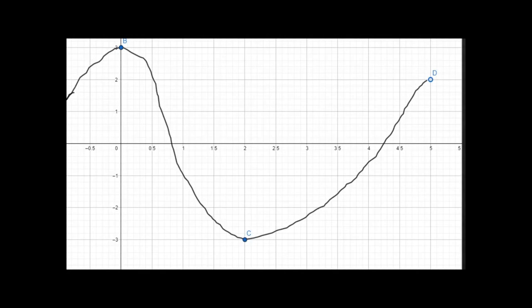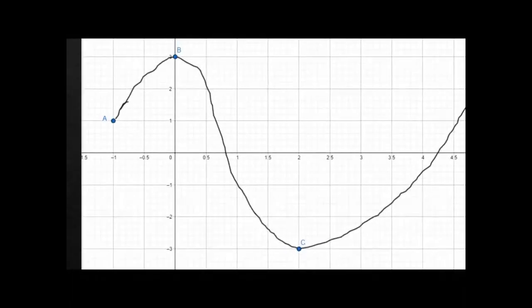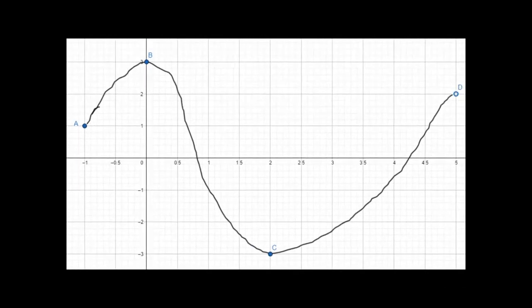Its lowest point is at (2, -3), and then it stops at D at (5, 2), but it's an open circle at D, which means that point is not included. The open circle means that point is not part of the graph, but we need to have an ending point, so we just put a circle, but it's open. A closed circle means that point is part of the graph. So this is the graph we're looking at.